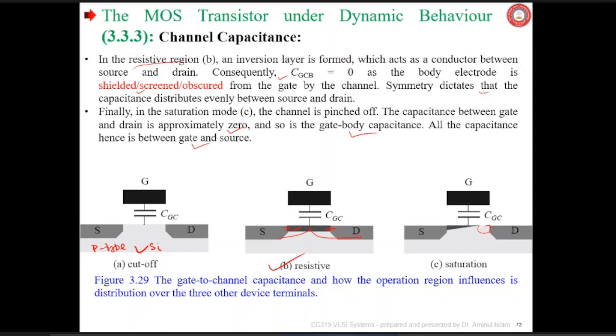What is the reason? My question is, it is not an insulator.